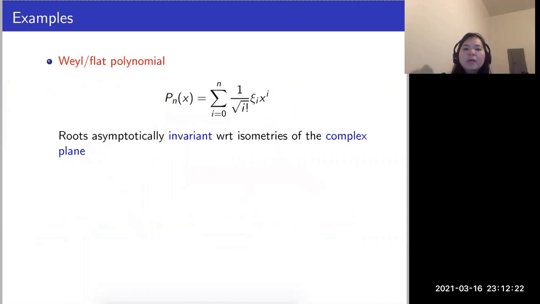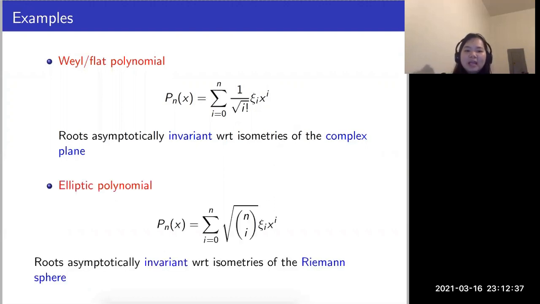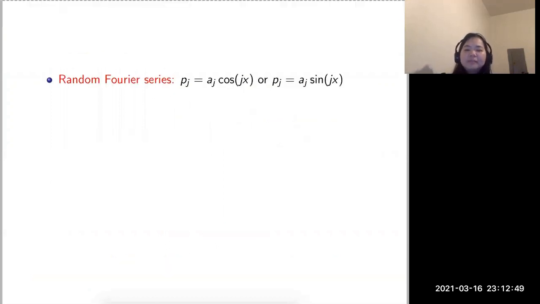Next, a classical ensemble is the Weyl, also known as the flat polynomial, when the coefficients are 1 over square root of i factorial. These are invariant under isometries of the complex plane. And then there are elliptic polynomials, when the coefficients are square root of n choose i, which are invariant under the isometry of the Riemann sphere.